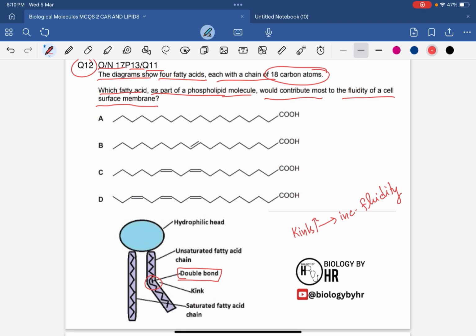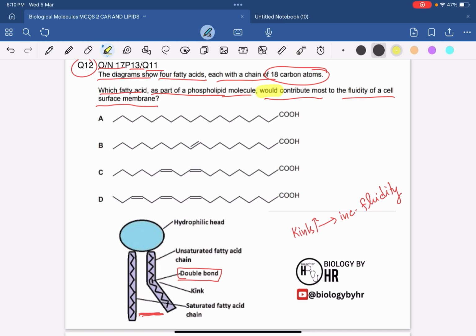If it would be the saturated fatty acid, if there would be no kinks, the phospholipid molecules would pack tightly together, right? But due to the kinks, you can see that there is more space between the two fatty acid chains, right? So the kinks increase the fluidity by creating more space between the molecules. So the more the kinks, the more the fluidity.